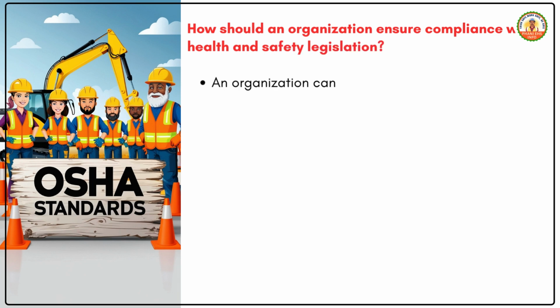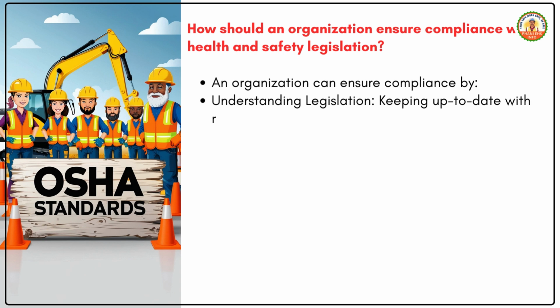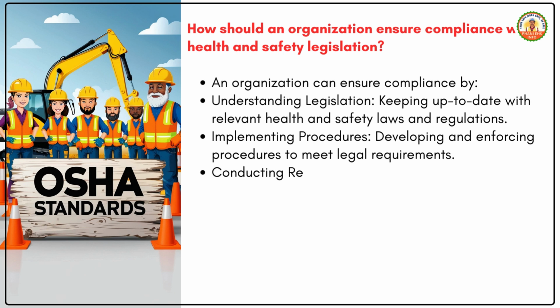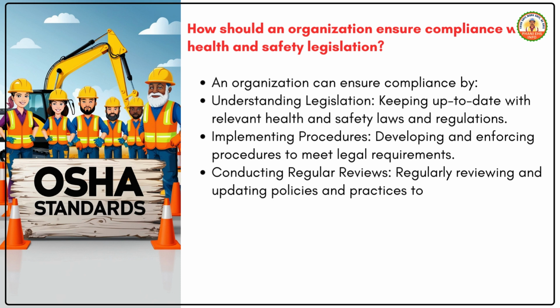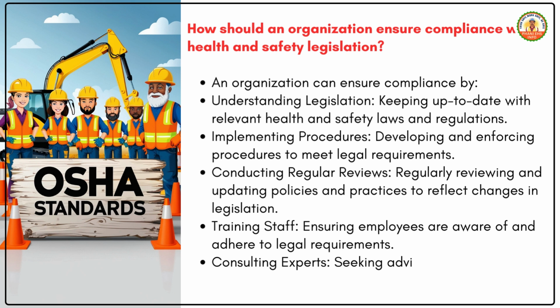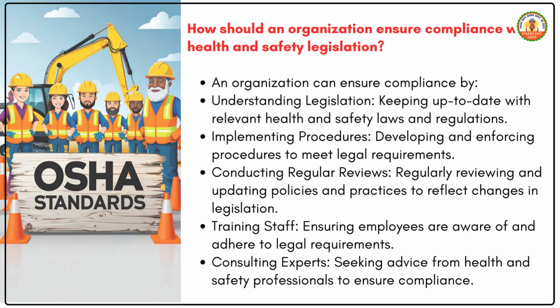An organization can ensure compliance by understanding legislation, keeping up to date with relevant health and safety laws and regulations; implementing procedures, developing and enforcing procedures to meet legal requirements; conducting regular reviews, regularly reviewing and updating policies and practices to reflect changes in legislation; training staff, ensuring employees are aware of and adhere to legal requirements; and consulting experts, seeking advice from health and safety professionals to ensure compliance.